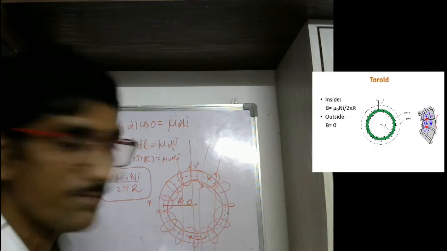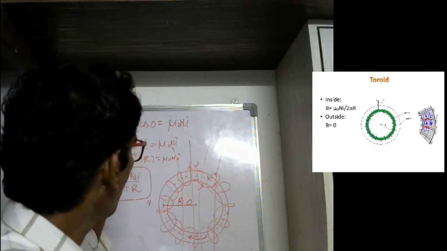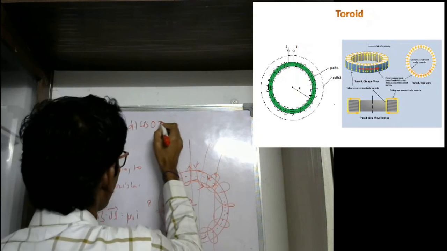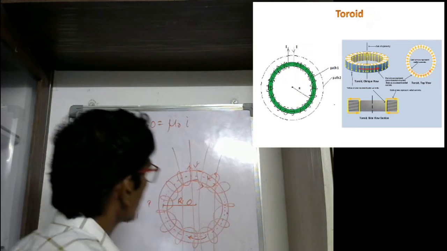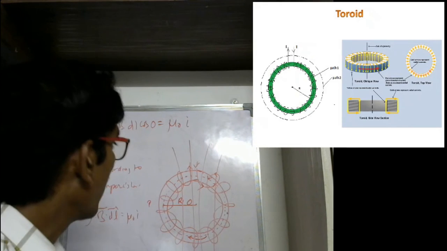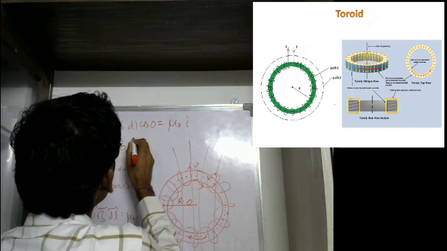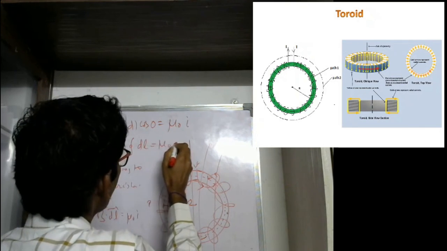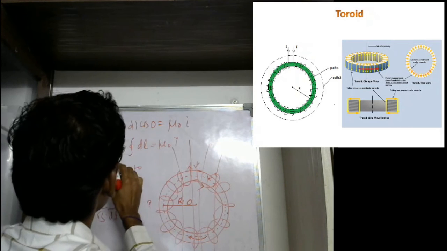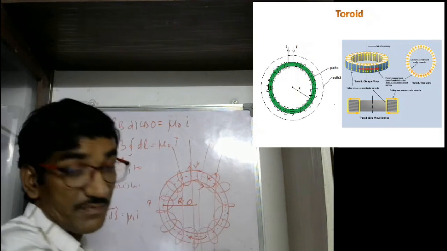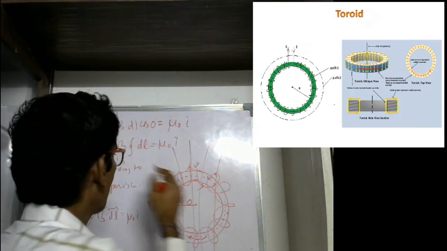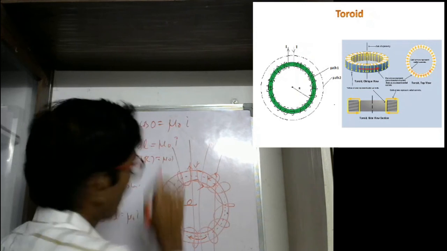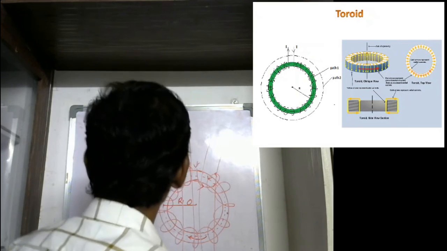The field lines are parallel to this dotted line, and that's why you have cos 0. B dl cos 0 is equal to the current, mu naught I. Now you have B integral dl equal to mu naught I. This integral is just the perimeter of that dotted line circle, 2 pi r, so B times 2 pi r is equal to mu naught I.